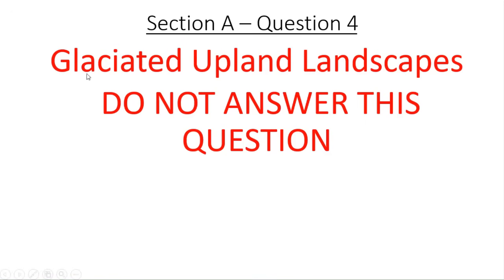So do not waste time by doing it. Just work your way through each page, make sure you don't miss out a section you're supposed to answer for the next part of the paper, but do not answer this question. It will be 12 marks just like the others are, with 4 marks and then an 8 marker. As soon as that 8 mark glaciated question is gone, which you've ignored, then your next section will start.